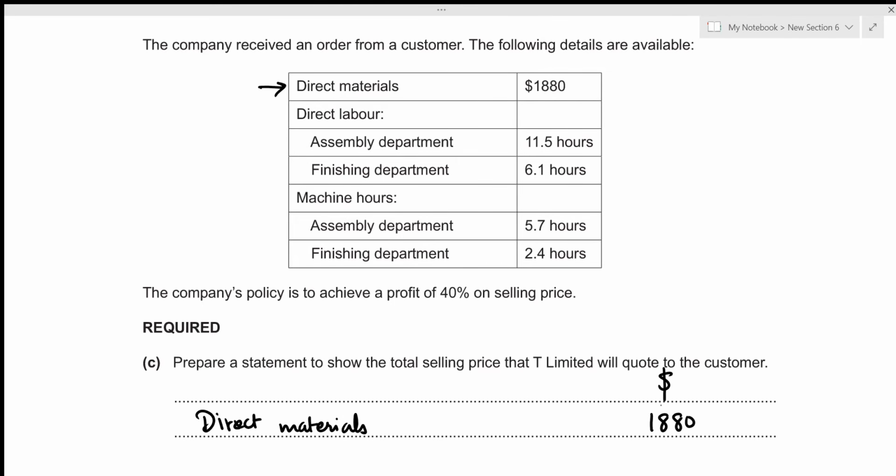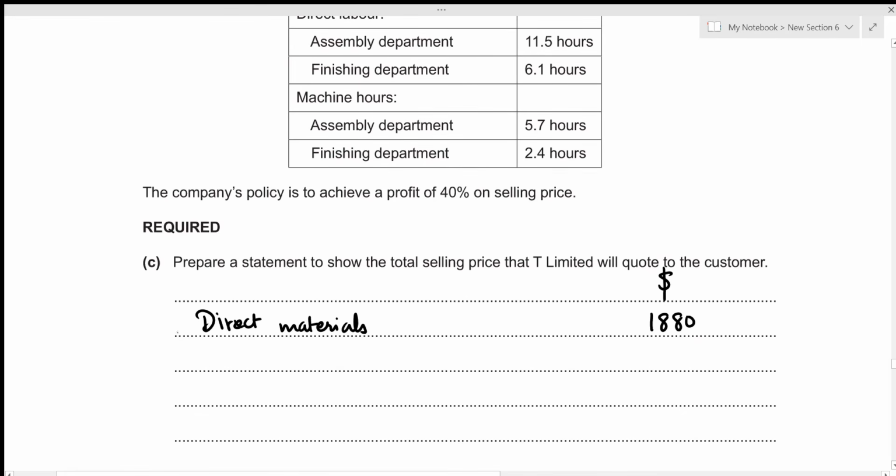Let's calculate it first. So we can just write the heading to be direct labor. And we will first calculate the direct labor amount for assembly department. So for assembly department, the direct labor hours is going to be 11.5.